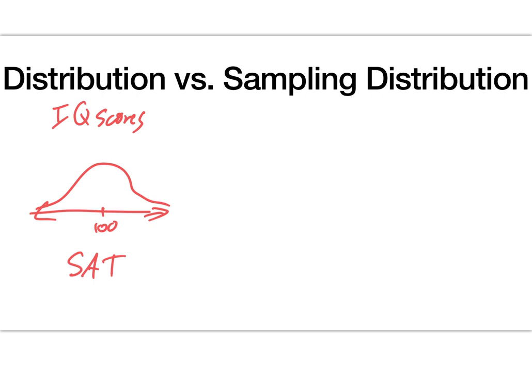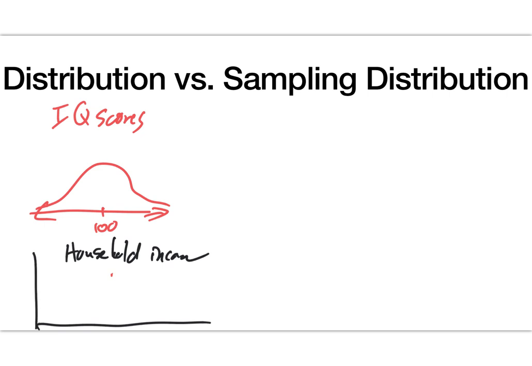If I look at things like, I'll erase SAT here for a second, if I look at household income, okay, you wouldn't necessarily know this, but I do. It is very right skewed. And when you talk about middle class, people don't actually do this, but if I look at the middle 50%, that would be considered your middle class.